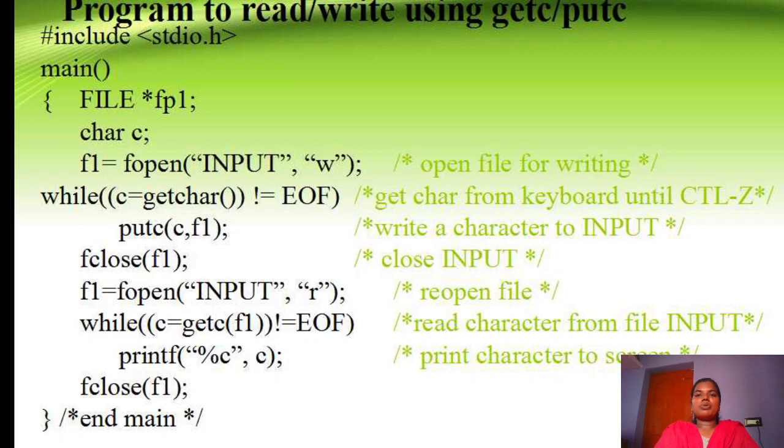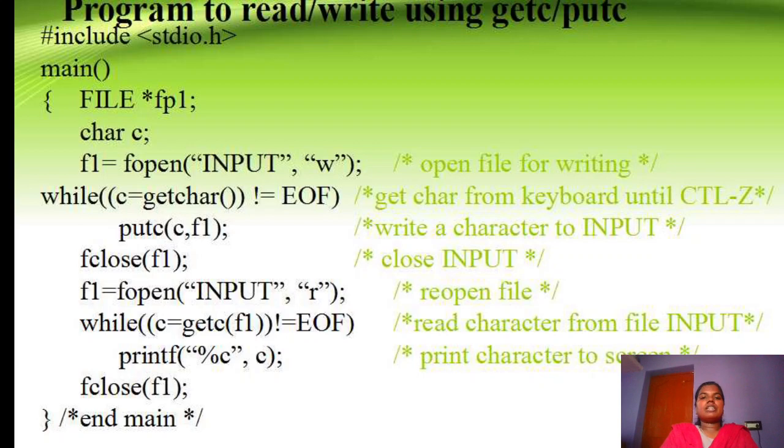Next, let us see the program to read or write using getc and putc. Here I have declared one file pointer of type FILE, that is FILE *f1, character c, and f1 is equal to fopen(input, write mode). That means I am opening the file called input with write mode.